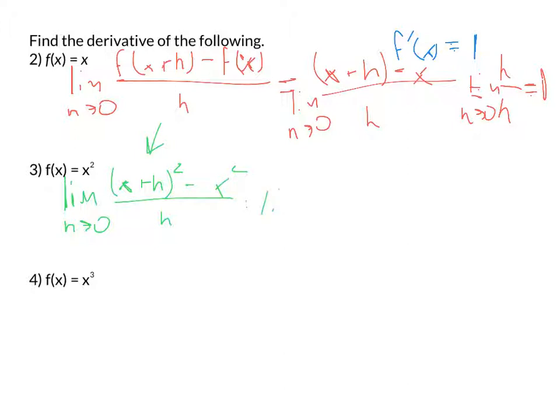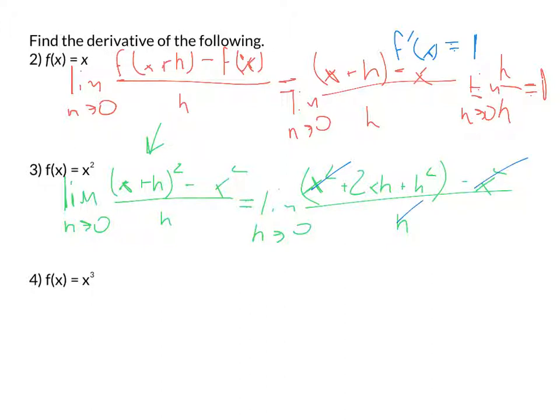And so our limit as h approaches 0 is x plus h squared gives us x squared plus 2xh plus h squared minus the x squared all over h. And then x squared minus x squared will cancel. And then we can cancel the h from each of these. And so our limit results in, well, if we put 0 in for h, we just get 2x.